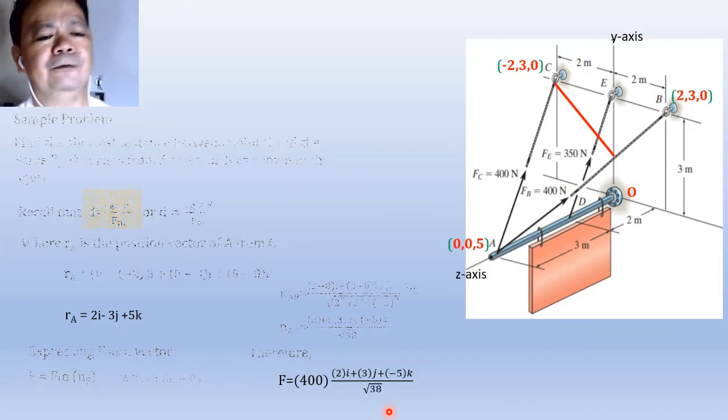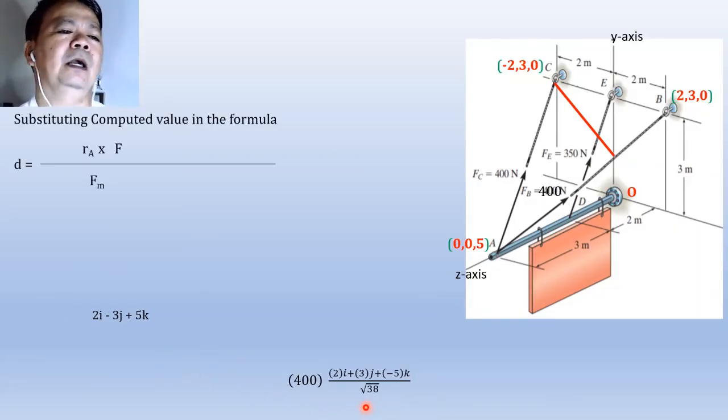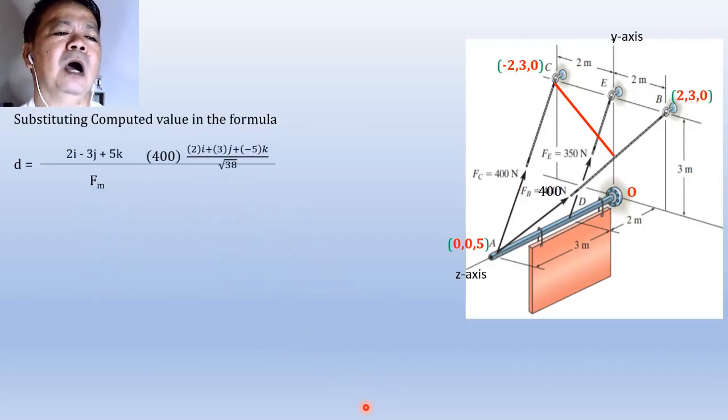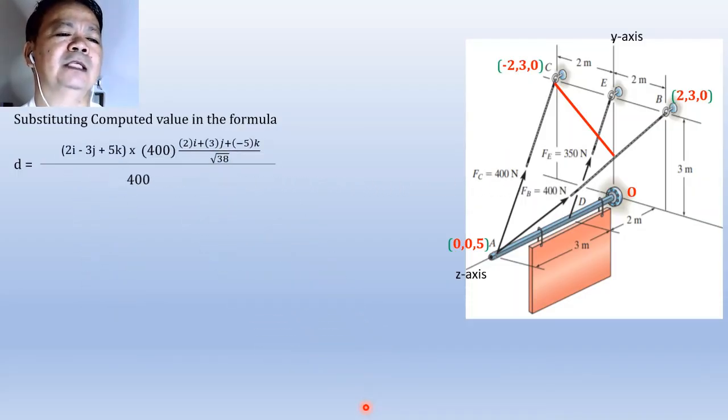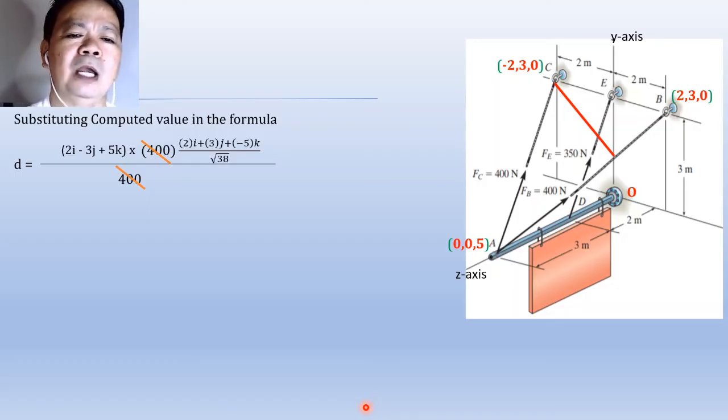Now, if these two, r_A and F, are substituted in the formula for D, as I have shown a while ago, you will notice that F will cancel out. That is the reason why I have not simplified the equation: as we go on with our computation, the magnitude of F will just cancel.